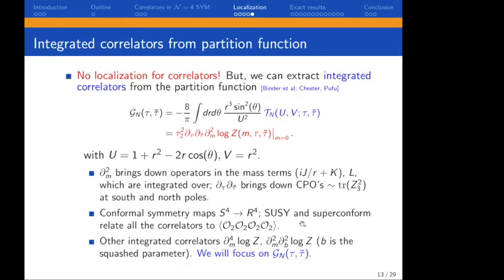So one has to use supersymmetry and superconformal symmetry to relate all those different operators or correlators to this one. After you have done all that, you will find that the procedure of taking these four derivatives relates to the correlator integrated over this particular measure. Here R and theta are related to the cross ratio.